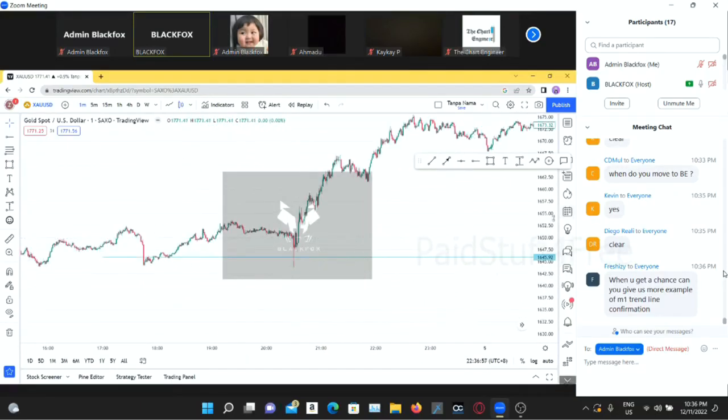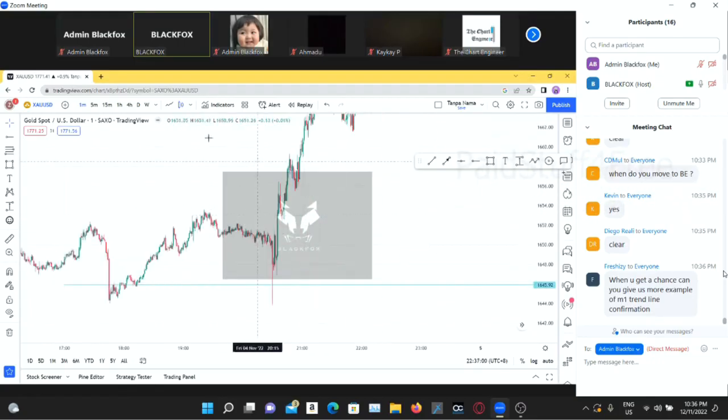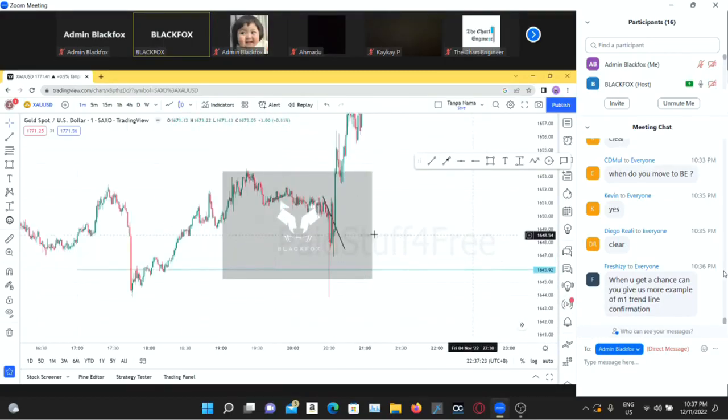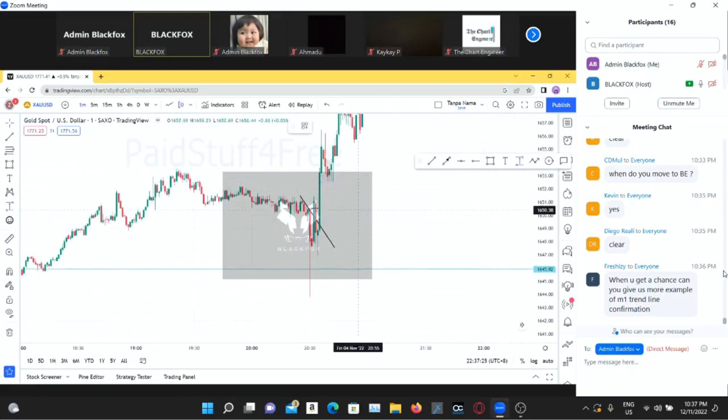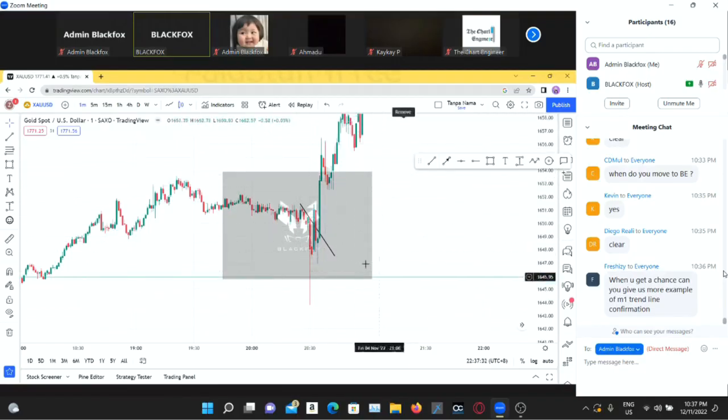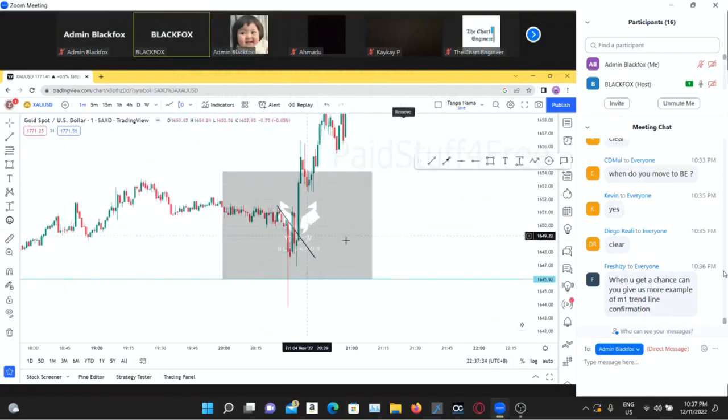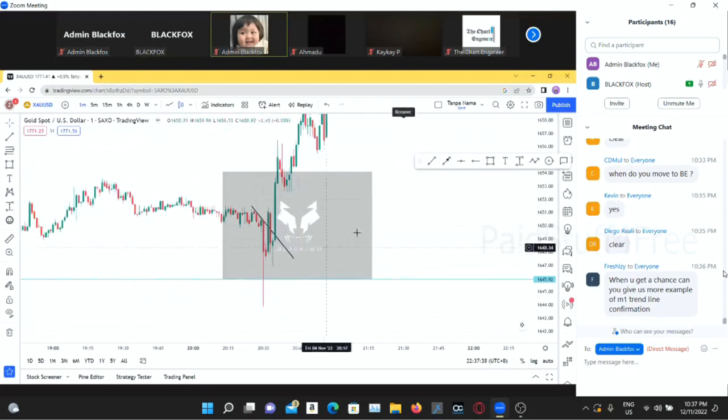This one is a breakout structure, right? One candle. So, wait, I will see first. How much floating? Oh, already SL. I think this one is news.